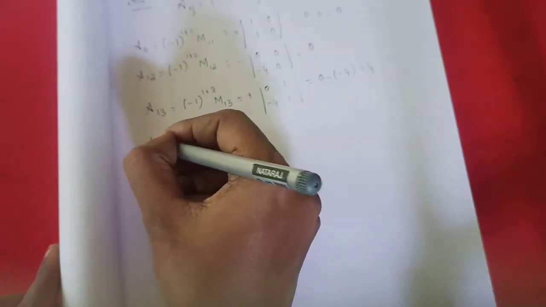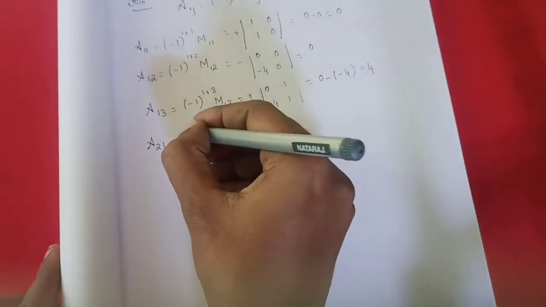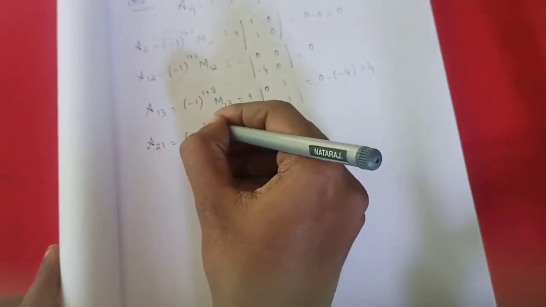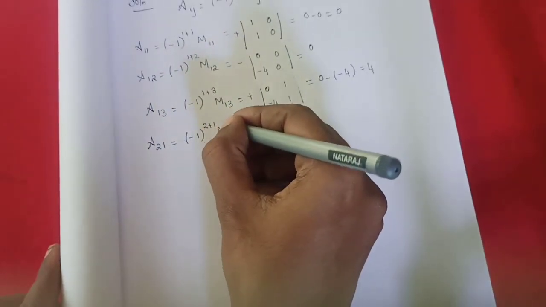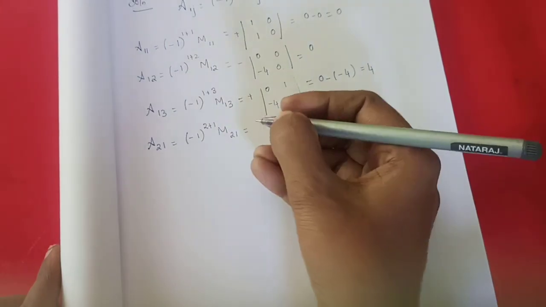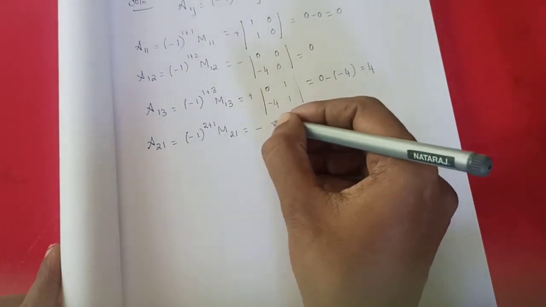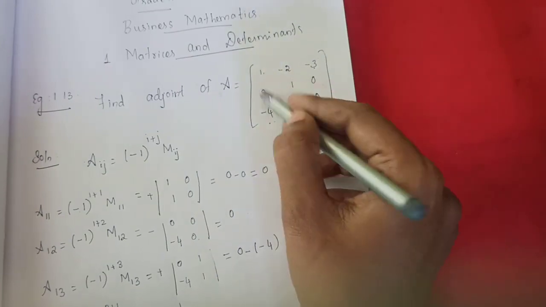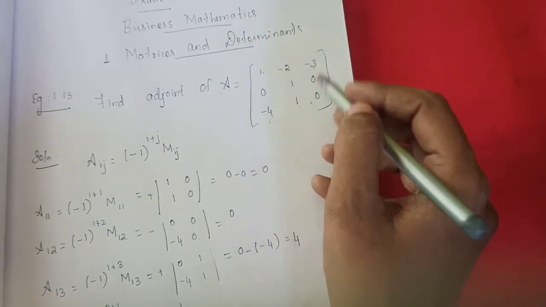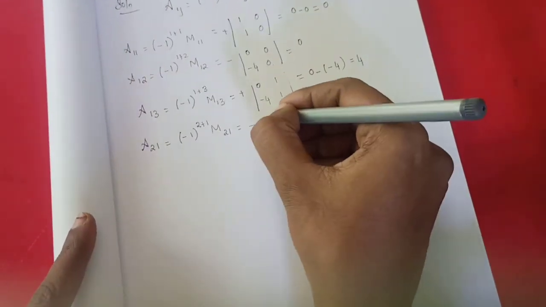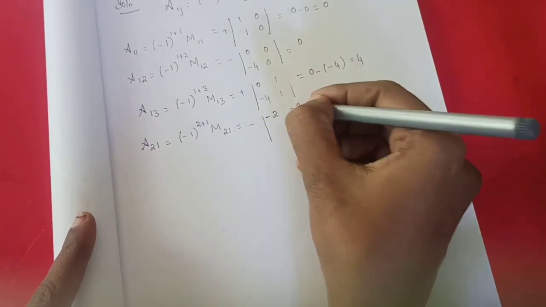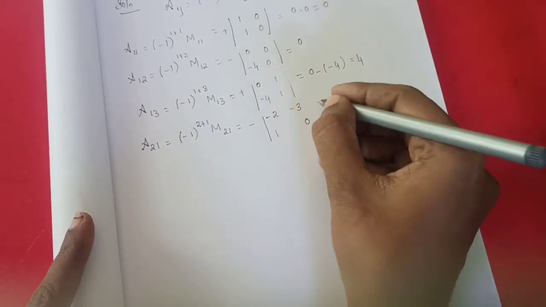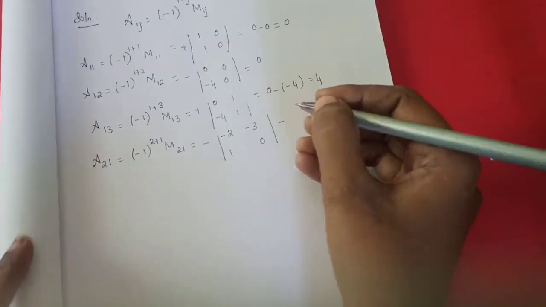Then next one, A21. Second row, first element. Minus 1 to the power 2 plus 1, M21. That's equal to, the symbol is minus. Find out here, this particular row and this column will get cancelled. So minus 2, minus 3, 1, 0. That's equal to, minus symbol is outside.